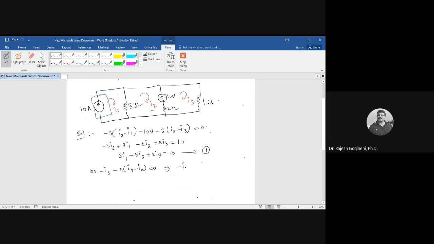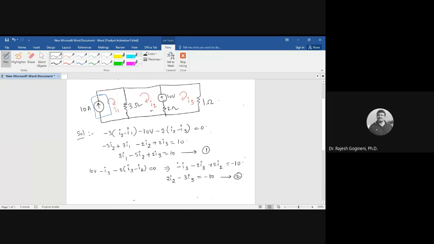So minus I3 minus 2I3 plus 2I2 is equal to minus 10. Right? 2I2 minus 3I3 is equal to minus 10. So 2I2 minus 3I3 equals minus 10.